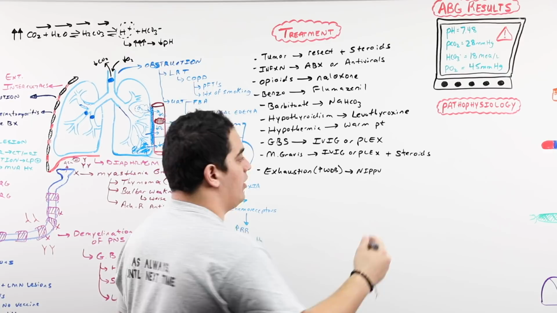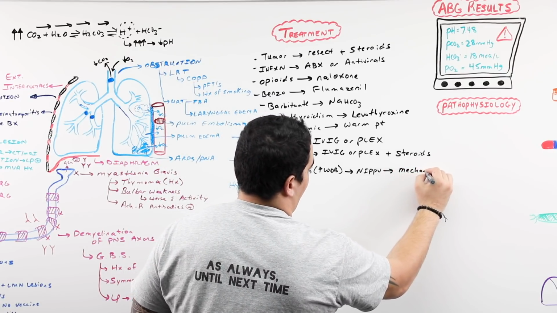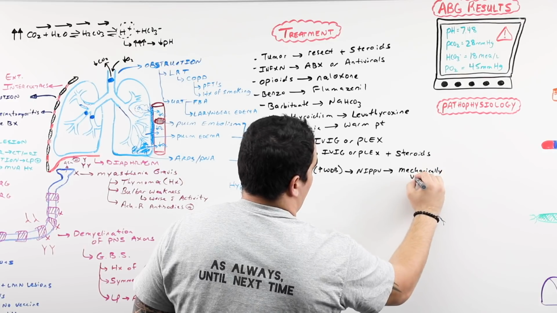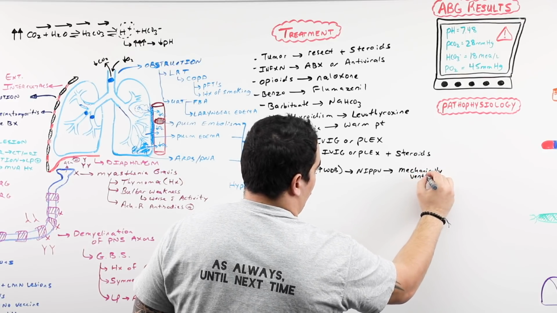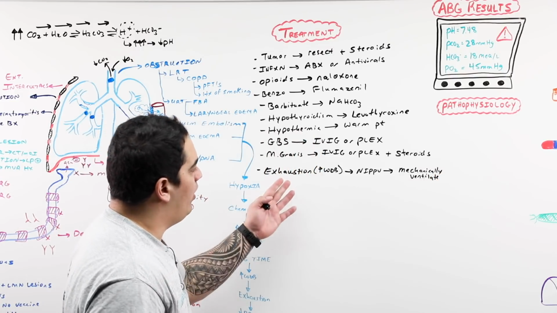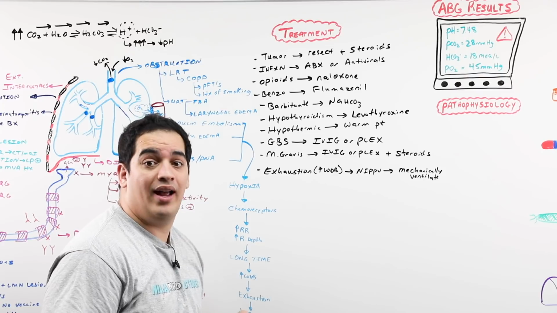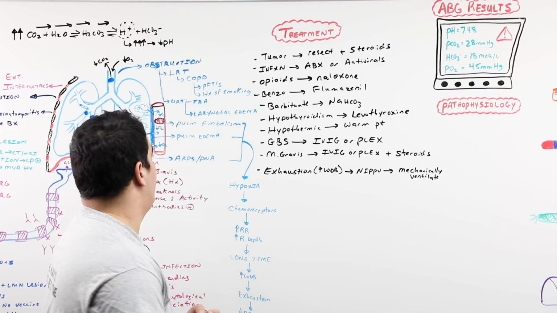And if that doesn't work, then sometimes you may have to mechanically ventilate them. And that is usually invasive, okay? And that's where you put an endotracheal tube usually down the airway, okay? Because at this point, their muscles are going to eventually give way, they're not going to be able to breathe on their own, and so you need to ventilate for them in that situation.